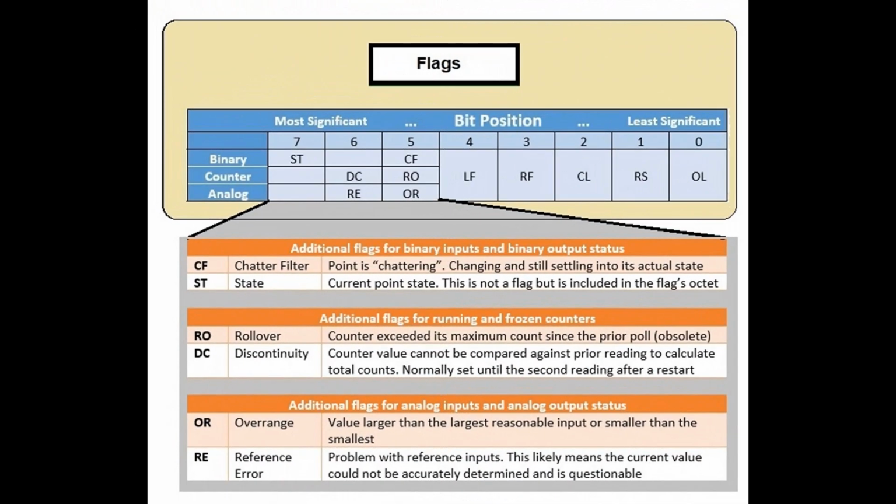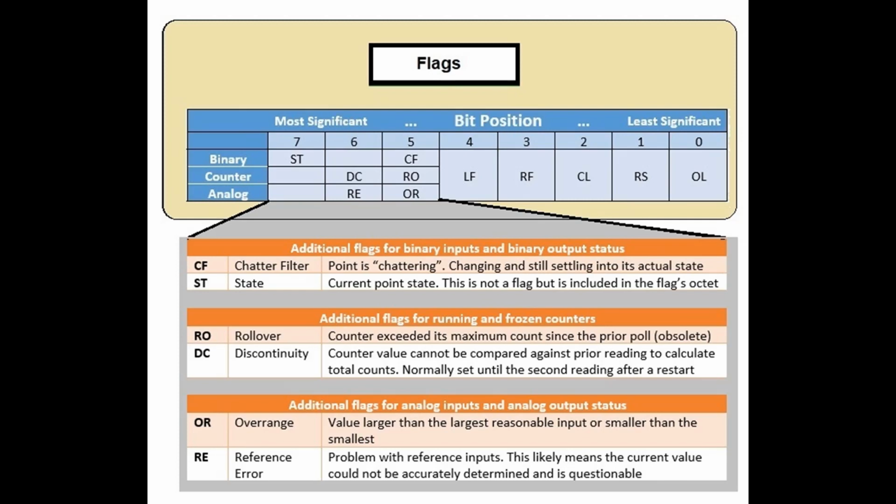Next, we'll talk about the flags that are different for different point types. The first set are for binary inputs, and there's two areas in the flag byte. The first one is CF, the chatter filter. This means the point is chattering or changing state rapidly and still settling into its actual state.